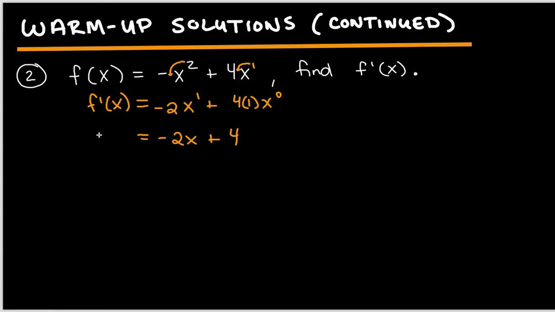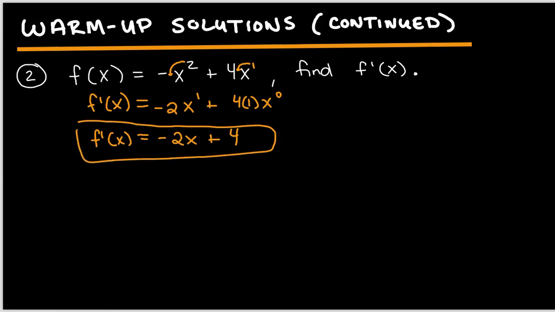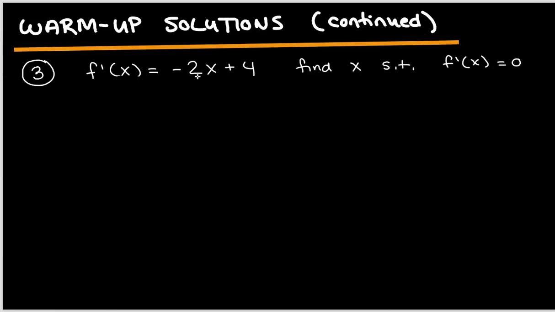This is the derivative of the function. And on the next page, I'm telling you again that the derivative is what we found. It's negative 2x plus 4. And I ask you for all the values of x that f prime of x is equal to 0. So how do we do that?